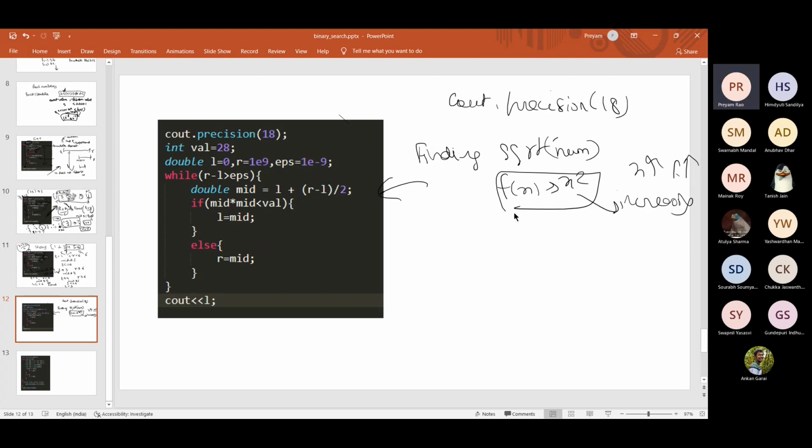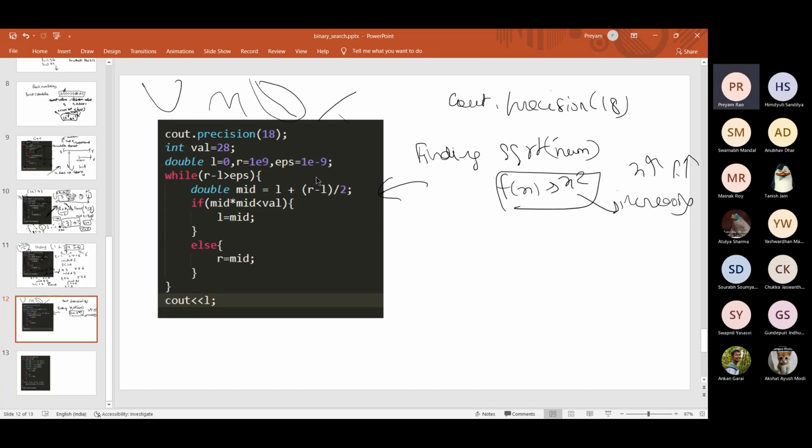Since it's an increasing function, we can use binary search on this. That's pretty much the only thing that you need to check: if it's an increasing function or a decreasing function. If it's either of these, then we can use binary search. But if the function is parabolic or has more local minima, then we can't use it. We can only use it if it's increasing or decreasing.